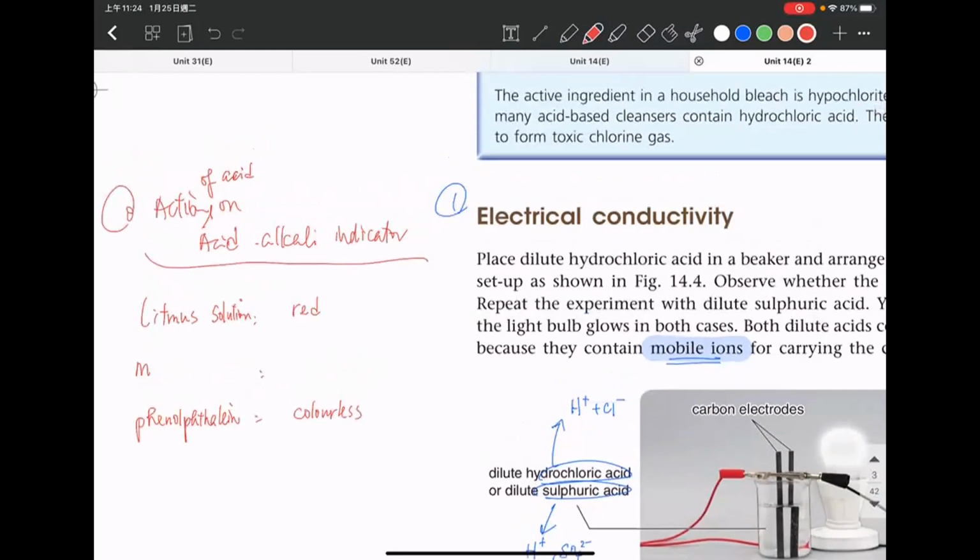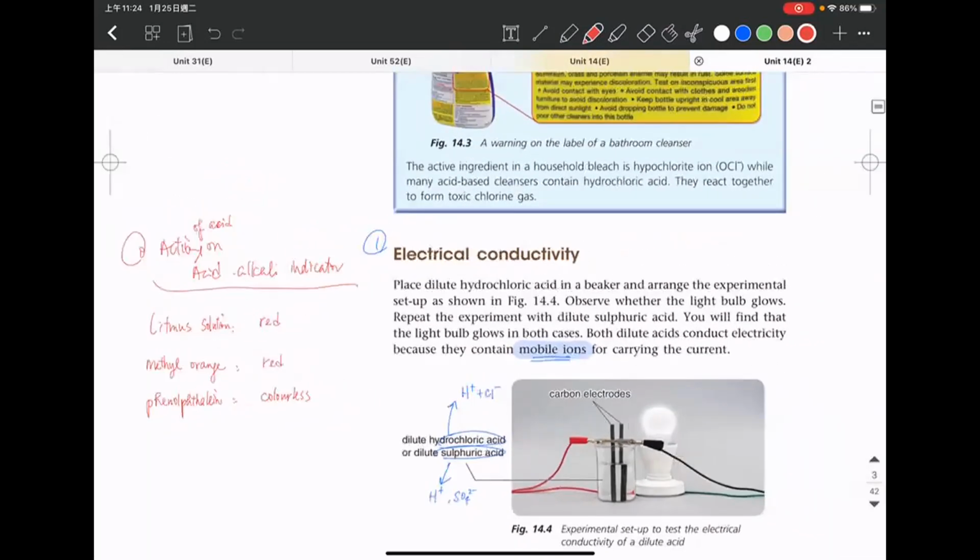How about the third one? We will use the word methyl orange, another type of acid-base indicator. So the color of it is red. Okay, you will know it one by one later. Again, you will revisit those three indicators later. Any questions so far?